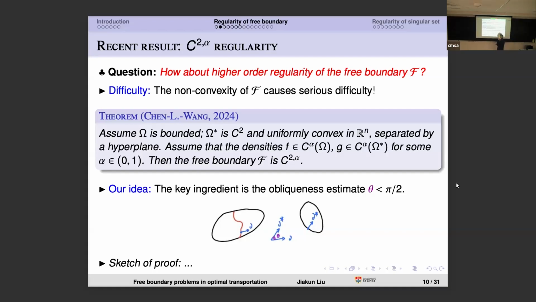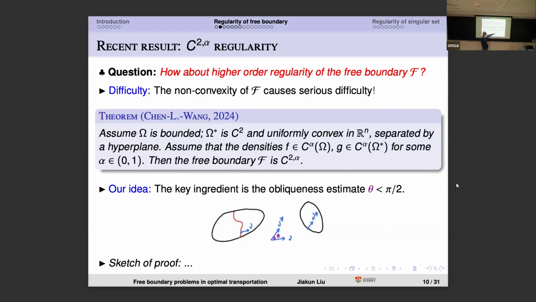And how do we overcome such a difficulty caused by the loss of convexity? We actually try to prove the so-called obliqueness estimate. So what does obliqueness estimate mean in this talk? I also heard obliqueness estimate a few days ago in some talk, but maybe there's some relationship. But here, by obliqueness, I mean, if you look at one point on the free boundary, it has a normal direction nu.